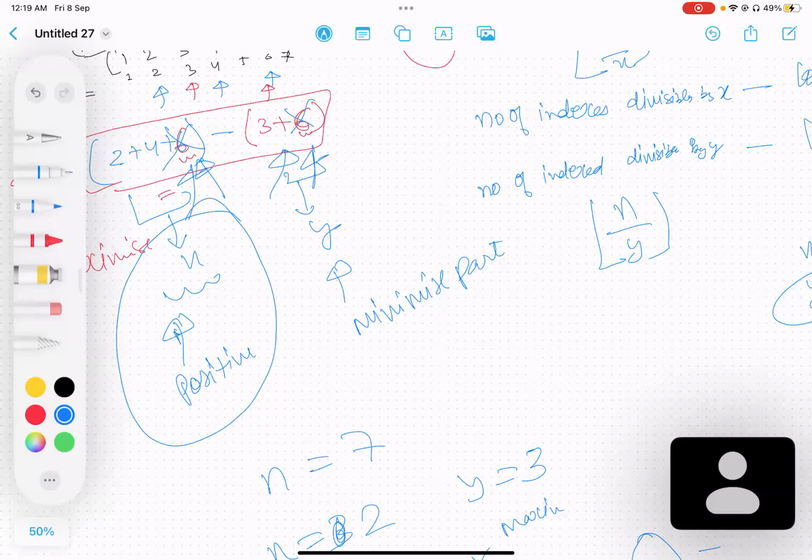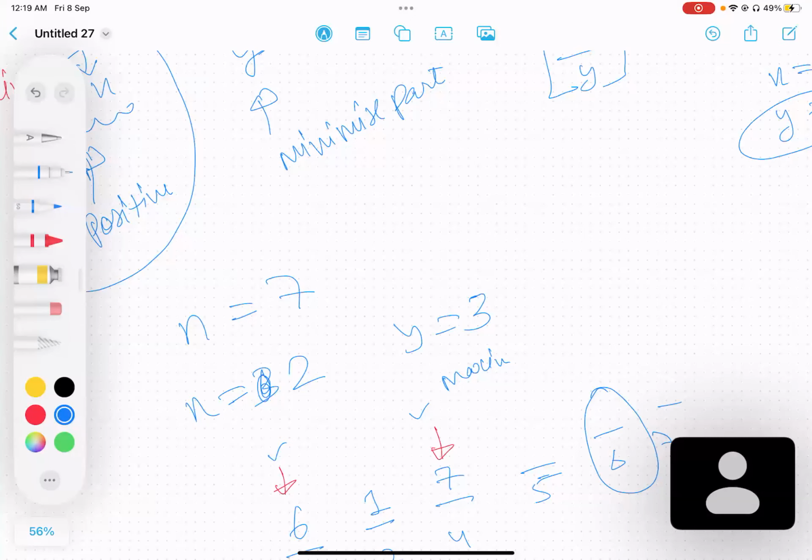It will get some value, we don't care, because we just have to worry about those indexes which are divisible by x, divisible by y, and from that also we need to remove the common part, because it will be there on both the sides. So you take it or don't take it, does not matter, because its contribution will be 0.